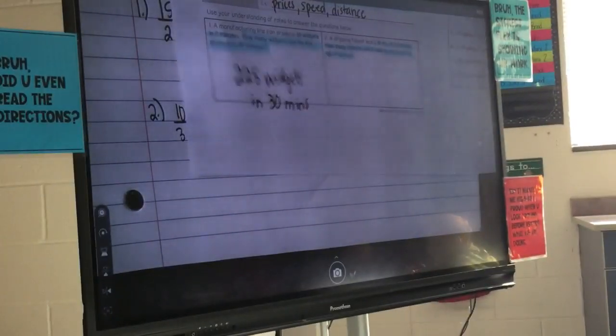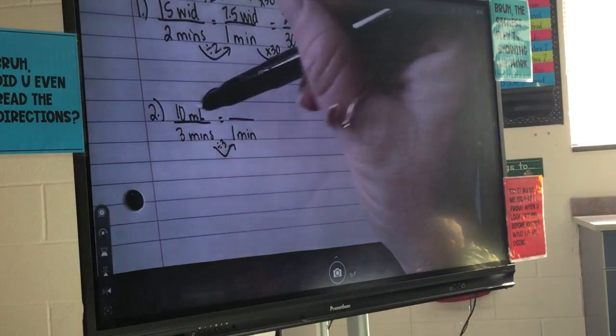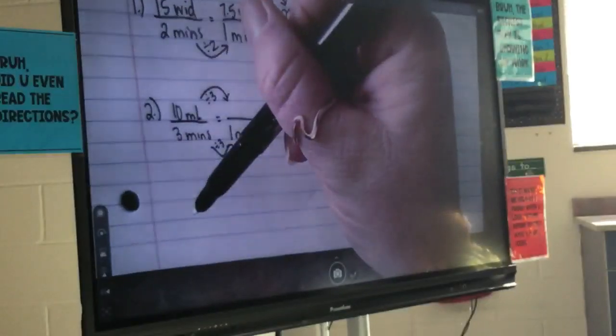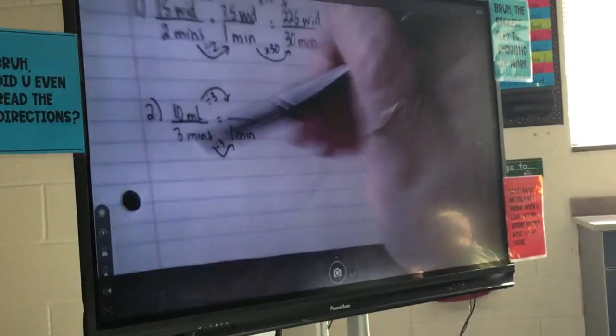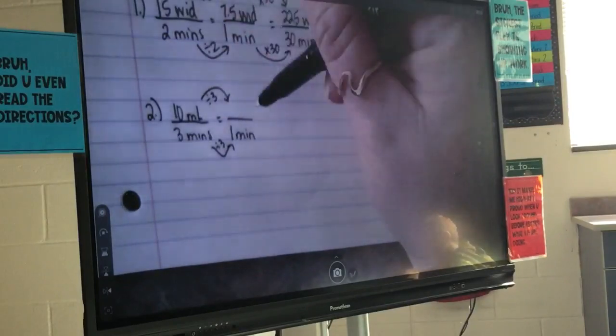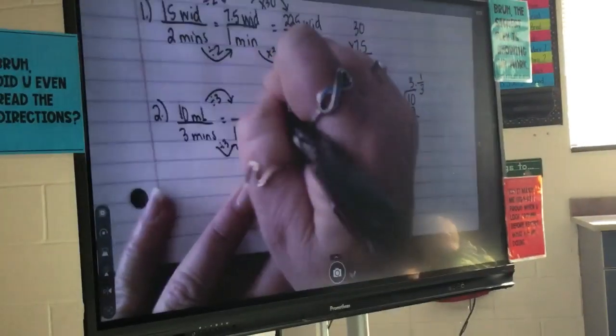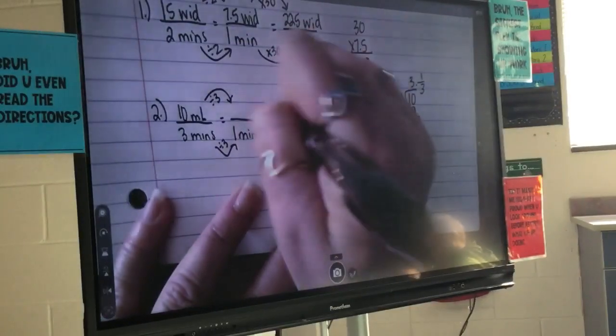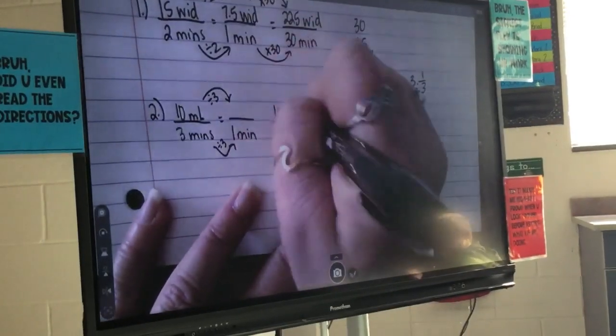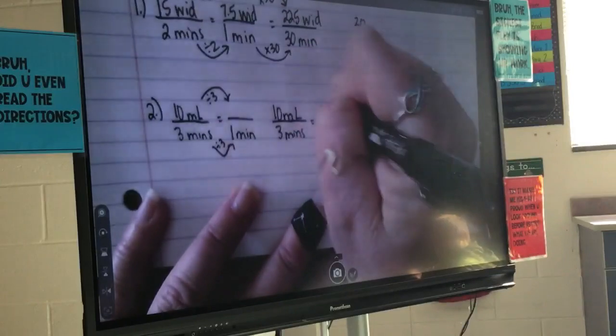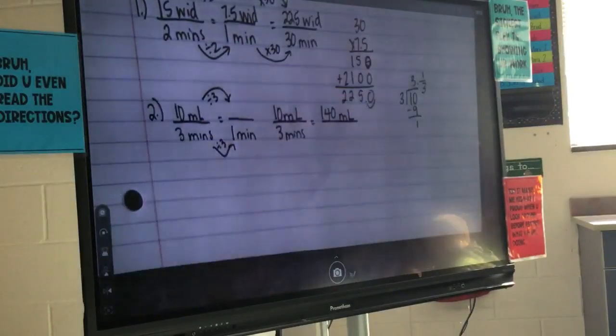You actually have to put the milliliters on the bottom. This is where that proportion of finding the unit rate is a little bit harder. Can we do 10 milliliters over 3 minutes and set this equal to 140 milliliters and figure it out from there? Yes, we can. We sure can.